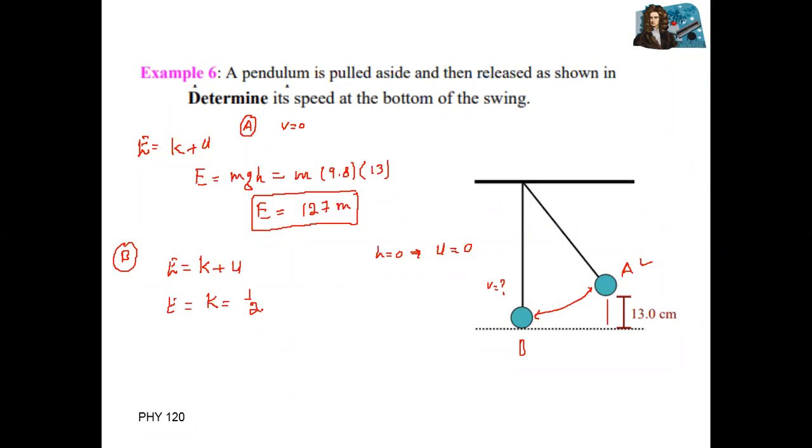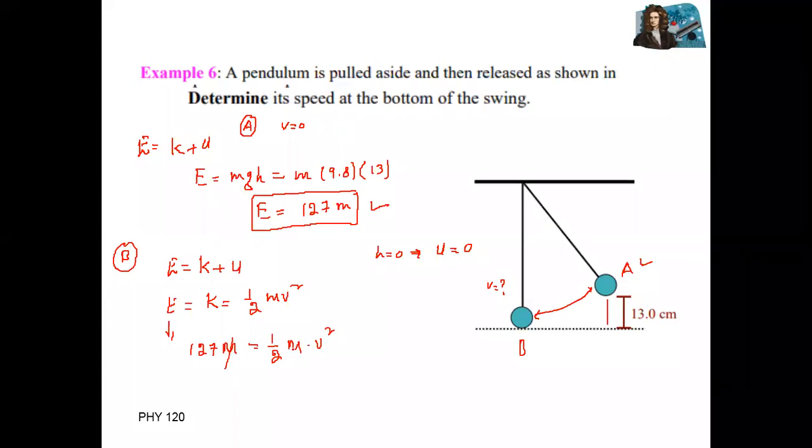Kinetic energy is equal to half mv square. And we know from the first equation E is equal to 127 multiplied with m. This is not meter, this is mass. So putting value of E, we have 127 multiplied with m equal to half m multiplied with v square.